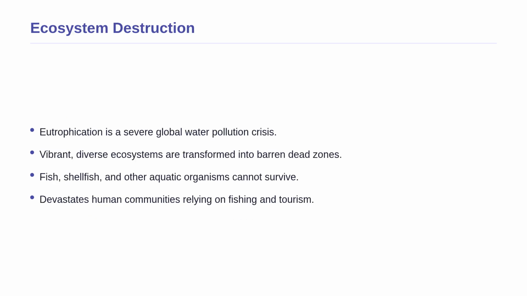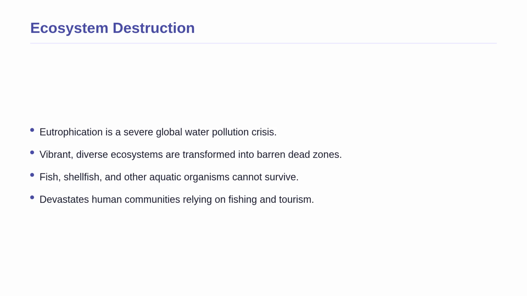So why is this chain reaction so important for us to study? Understanding eutrophication is absolutely critical because it is one of the most widespread and severe water pollution problems facing our planet today. When a lake or coastal area becomes eutrophic, it loses its ability to support diverse life.